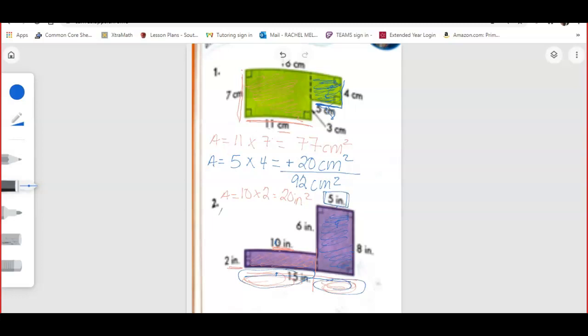So that's my length. And then my width right here is 8 inches. Well, 5 times 8 is 40. If I add them together, that gives me 60 square inches. And that is our video for today.